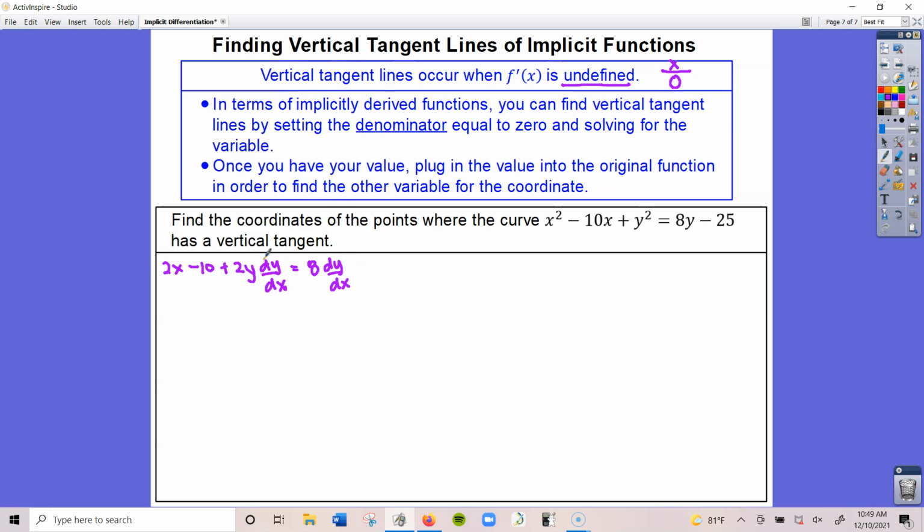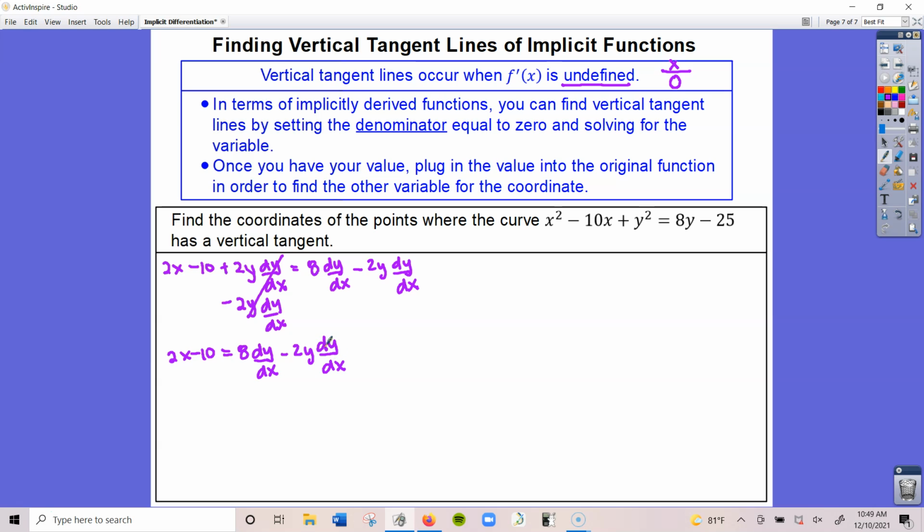I want all of my dy/dx's on one side, so I'm going to subtract this 2y dy/dx, because that way everything else would be on the other. So we have 2x minus 10 is equal to 8 dy/dx minus 2y dy/dx.